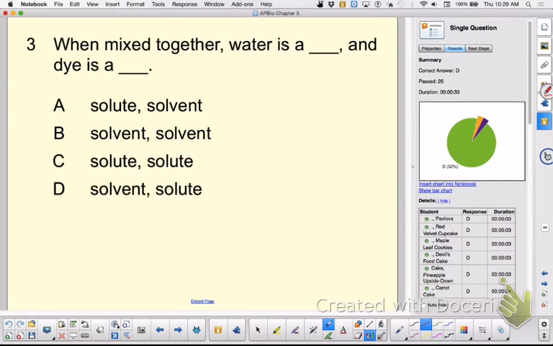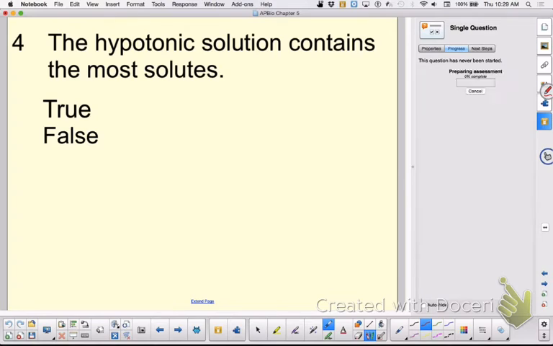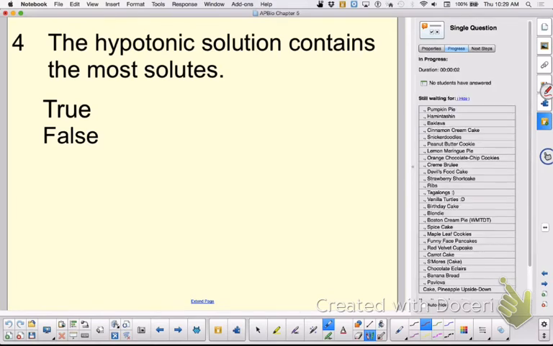So water's always going to be your what? Solvent. Anything you dissolve in it will be your solute. Look at your bio buddy's clicker. Chastisement or praise. Come on now, you can do it.